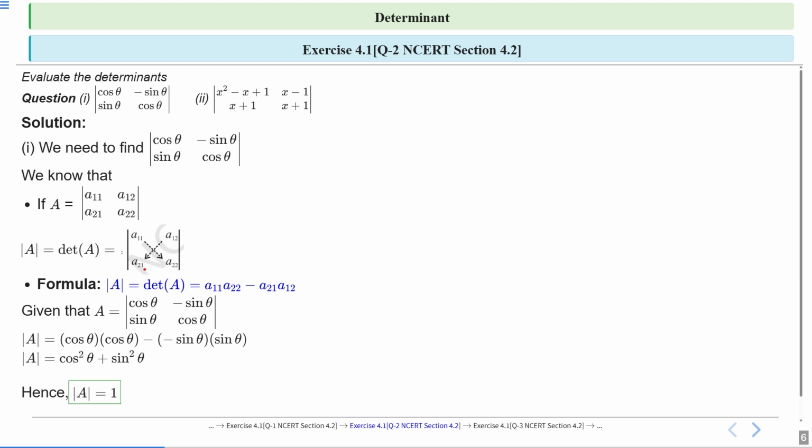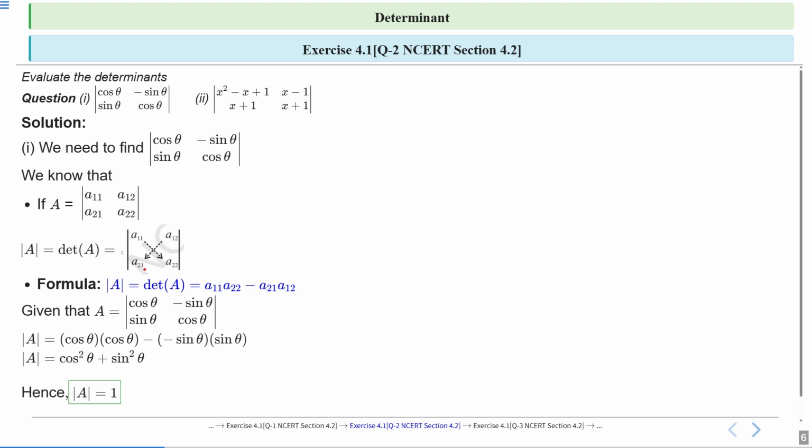When I explained the definition of determinant, I explained it as a function. It takes a matrix and maps it to a number. So here the matrix is cos theta, minus sin theta, sin theta, cos theta.